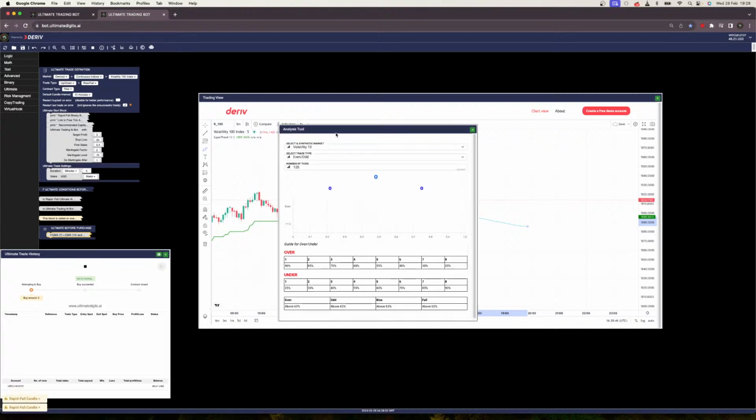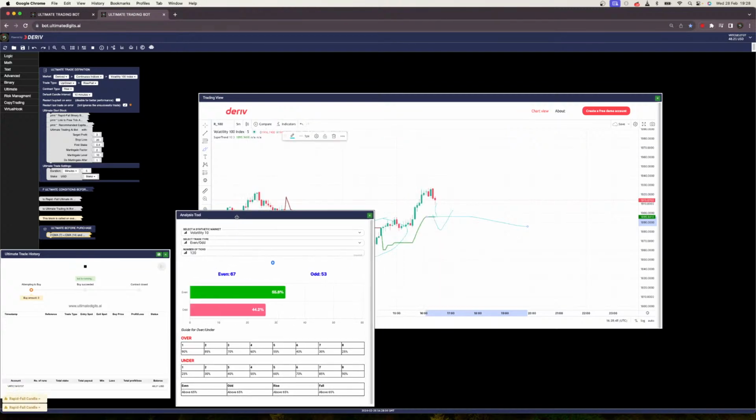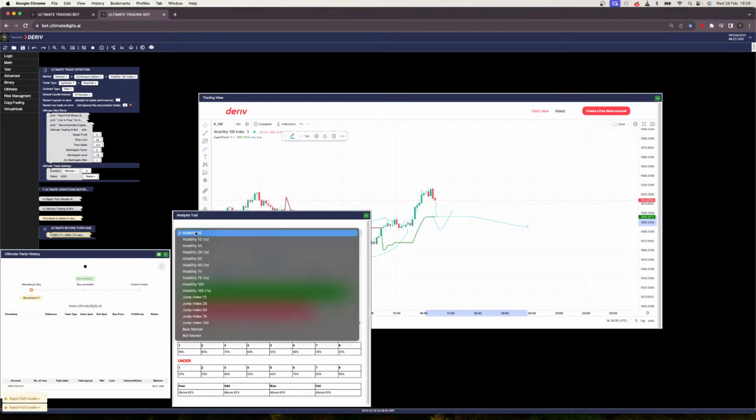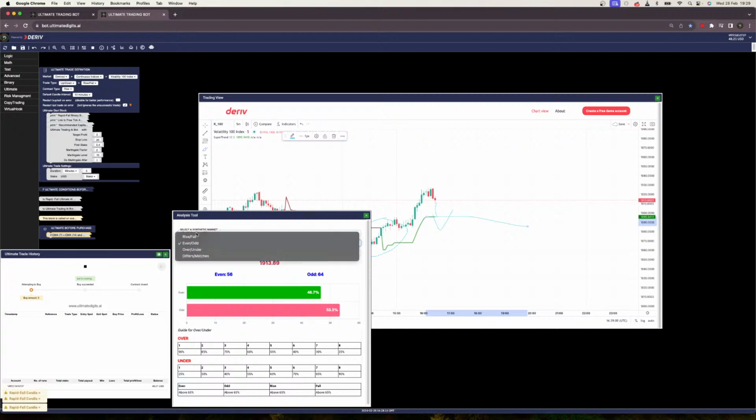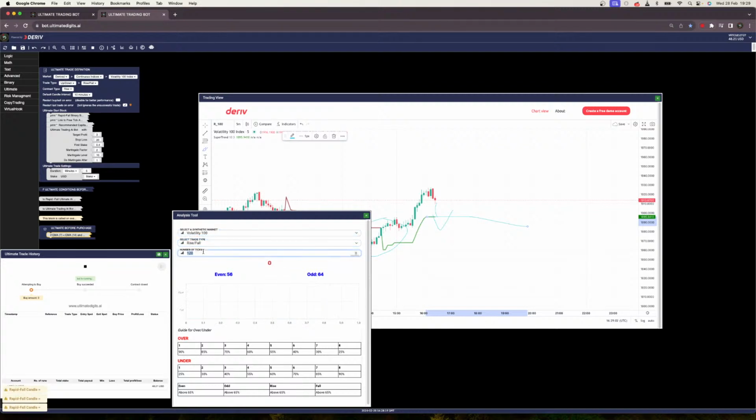You always have to check the real-time trend. You can always observe the real-time trend using the tick analyzer tool. On this strategy I use 300 tick duration.